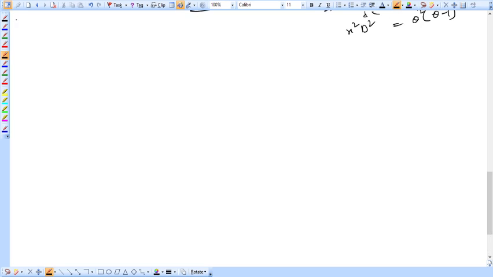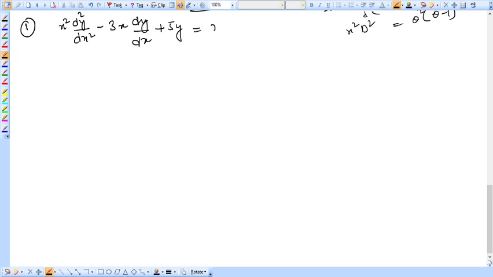Problem 1: x square double derivative of y minus 3x single derivative of y plus 5y is equal to x square log x.